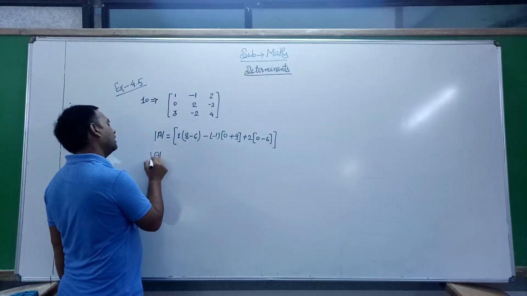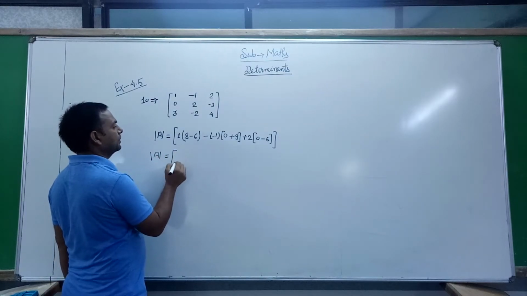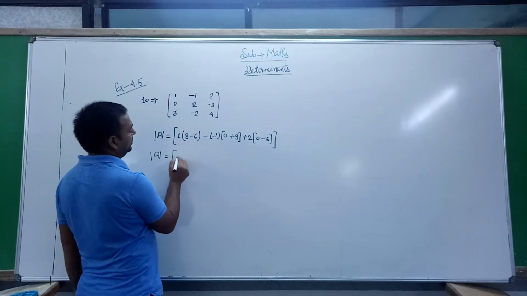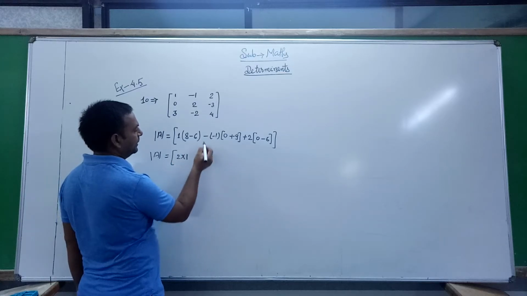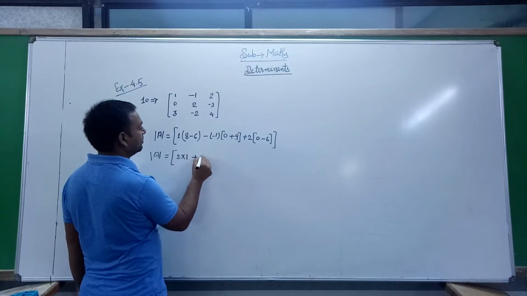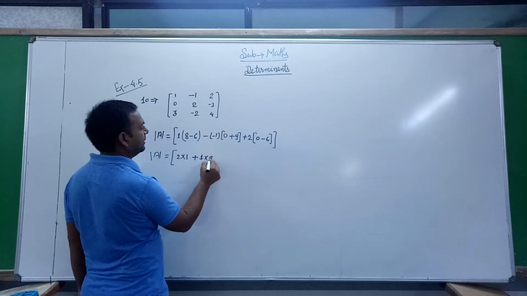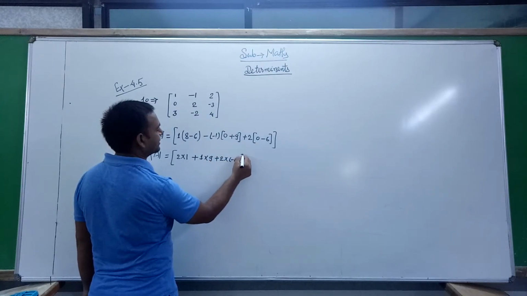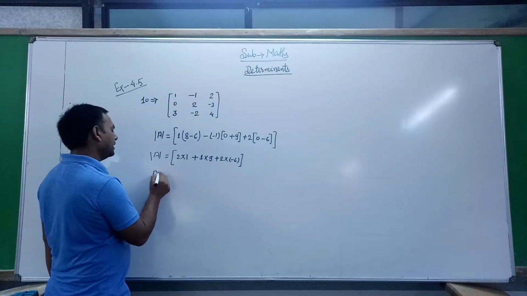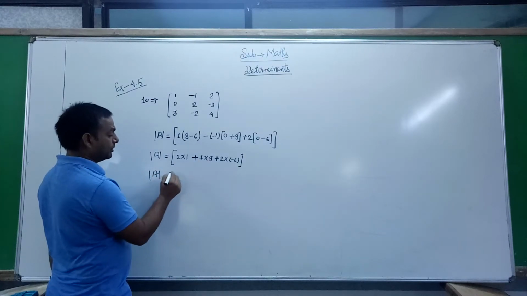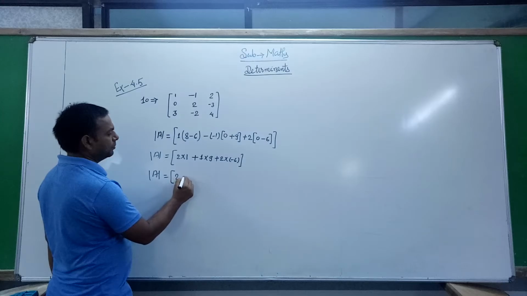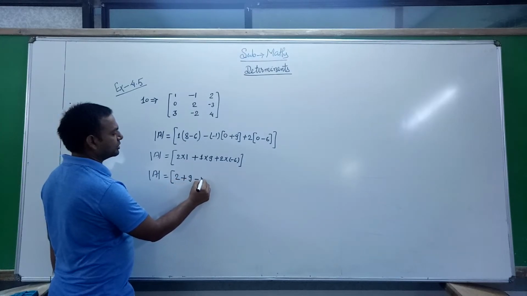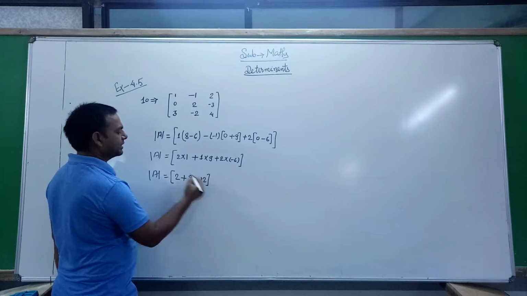So mod A is equal to 2 into 1, minus converted into plus, into 9, plus 2 into minus 6. Therefore mod A is equal to 2 plus 9 minus 12. 2 6s are 12.